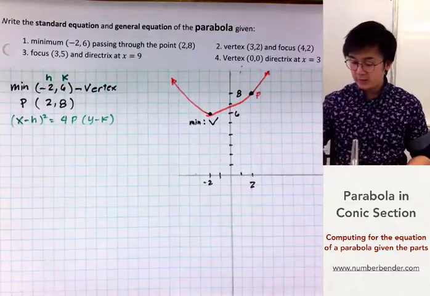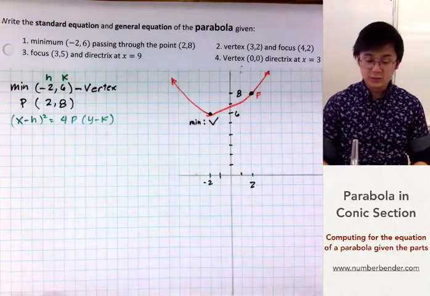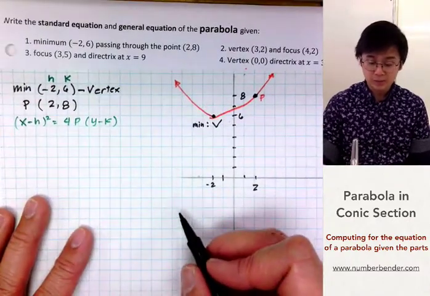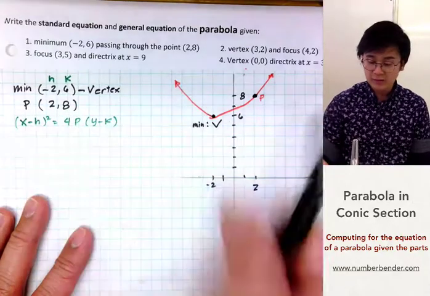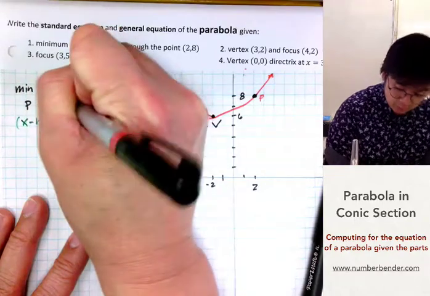So to solve for the equation, we need to find the value of p. And to solve for p, all we have to do is replace h and k and x and y with the value of the point that we are using in the problem.